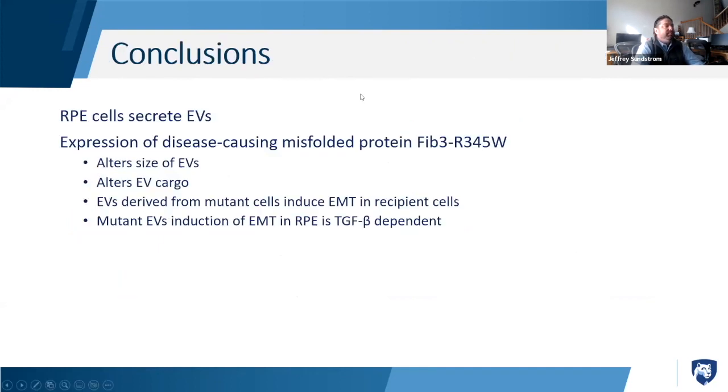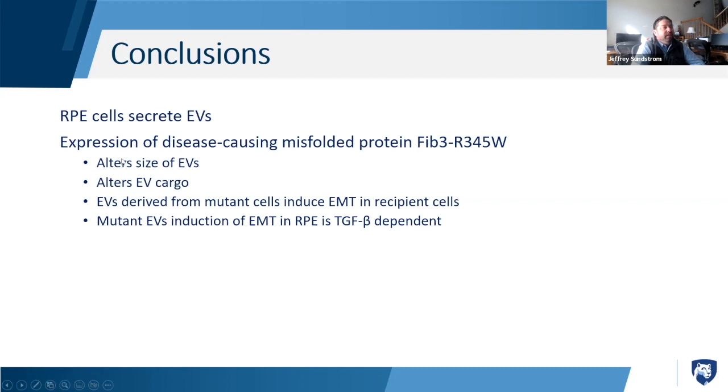So in conclusion, RPE cells obviously secrete EVs. Expression of the mutant fibulin 3 alters the size of EVs. I think the ESCRT system generally produces a very homogeneous population of EVs.